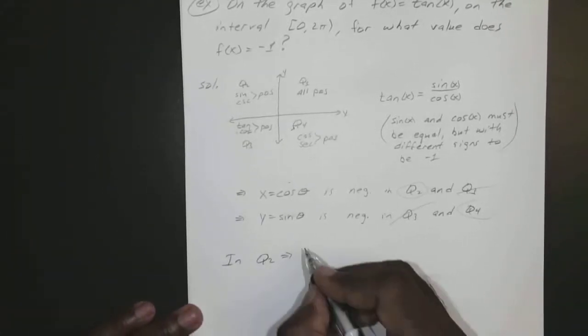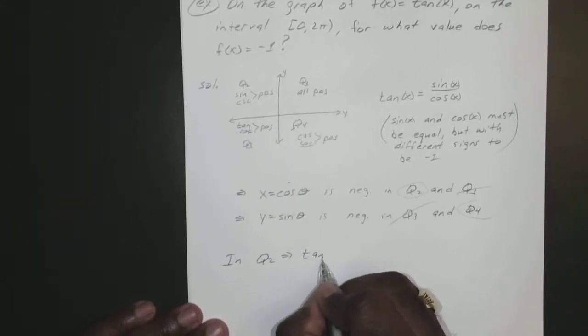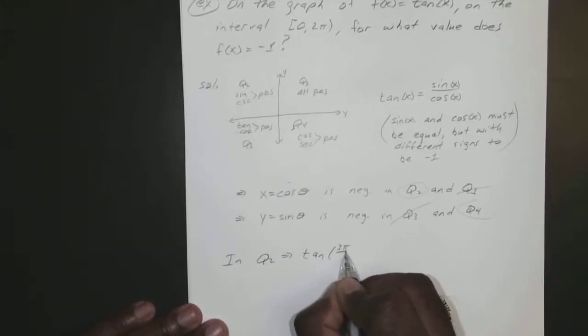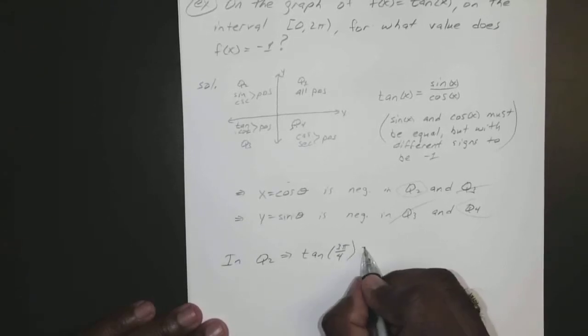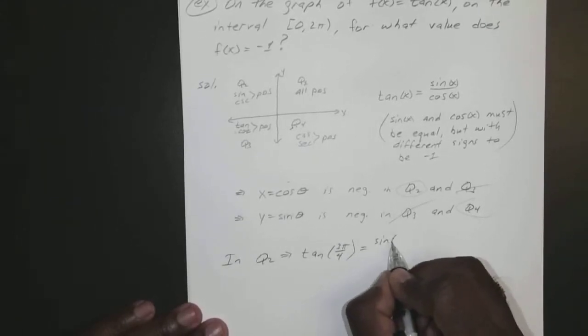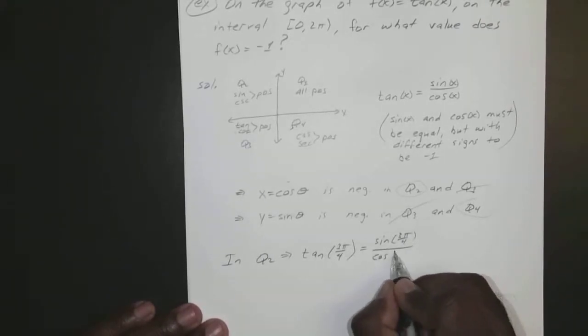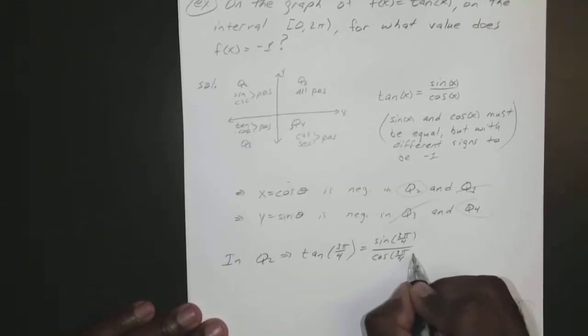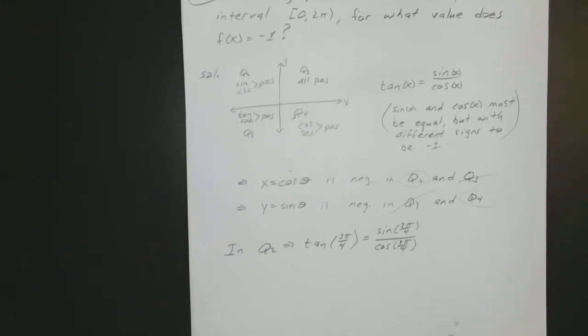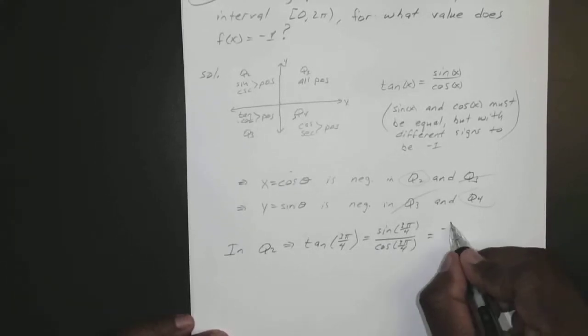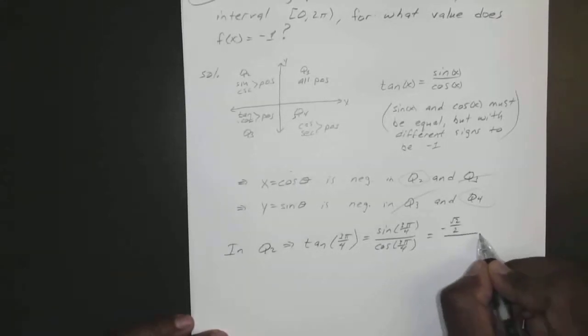So in quadrant 2, tangent of 3 pi over 4 equals sine of 3 pi over 4 over cosine of 3 pi over 4. Okay. Now in quadrant 2, this is equal to negative square root of 2 over 2.